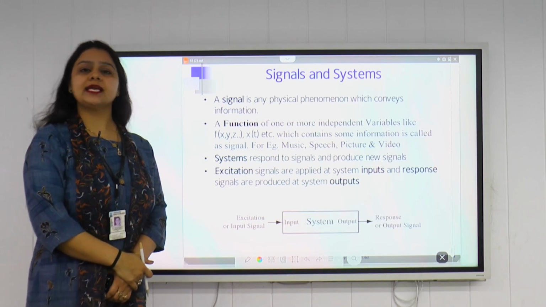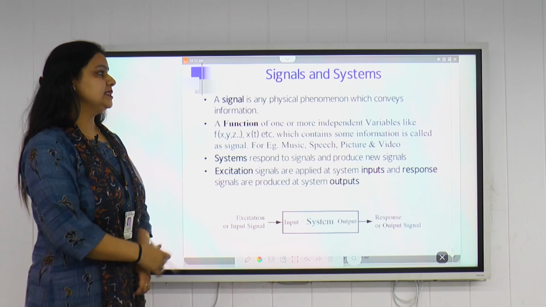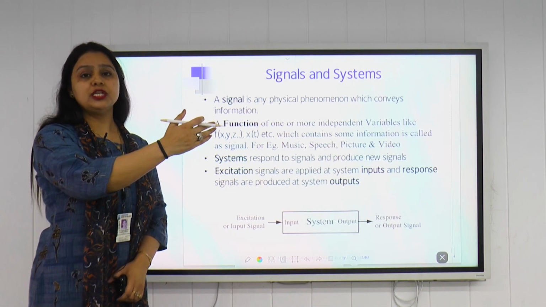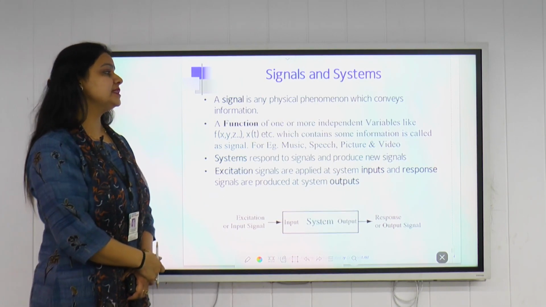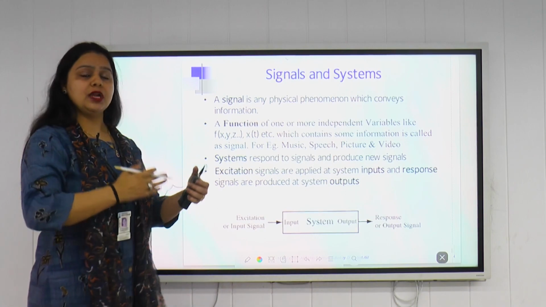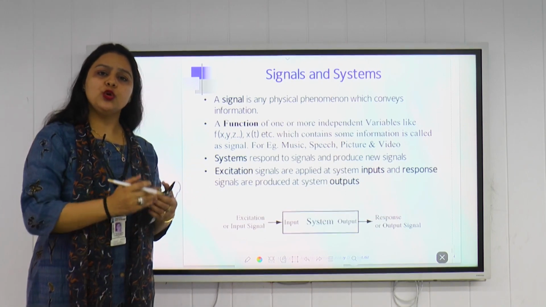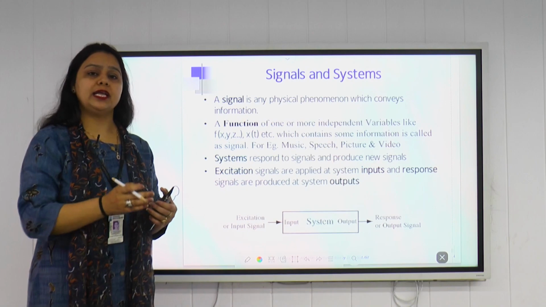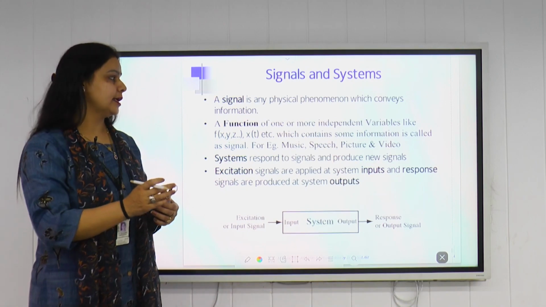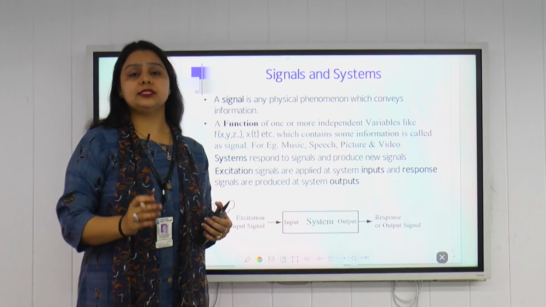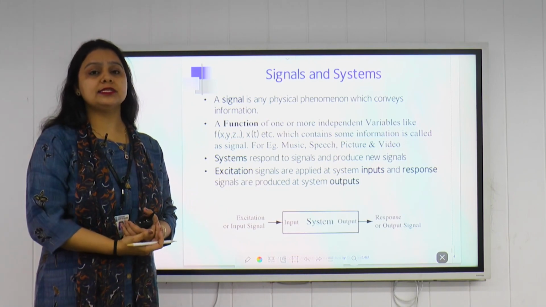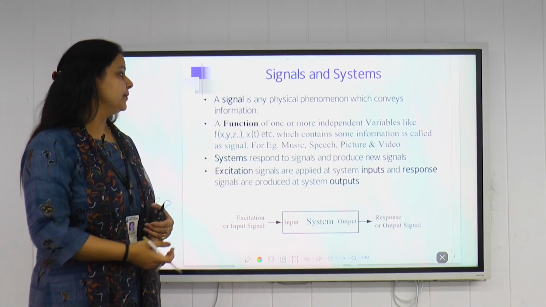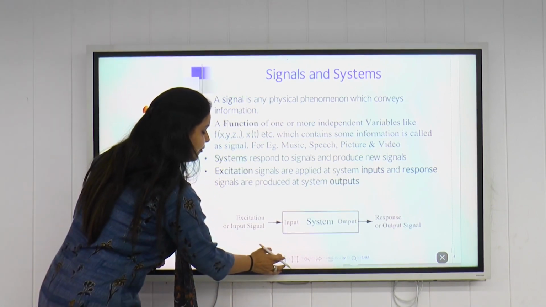So starting with the signals and system. We need to know what we mean by signals. A signal is basically a physical phenomenon which conveys information. Any useful information that you are getting is basically considered a signal. Not all signals are considered like that, they can be random signals, but all the information signals can be considered as a signal which conveys the information.